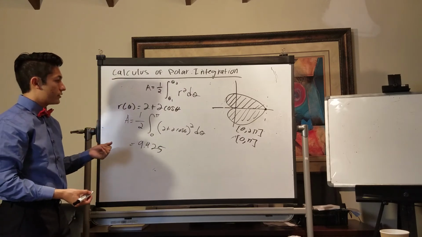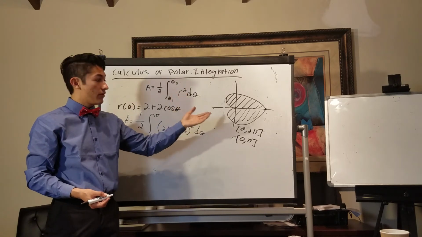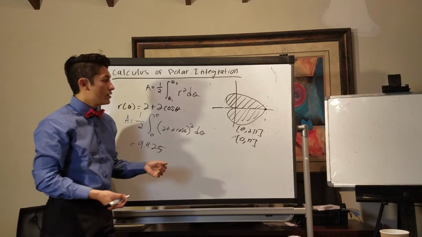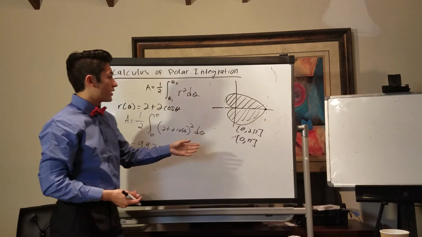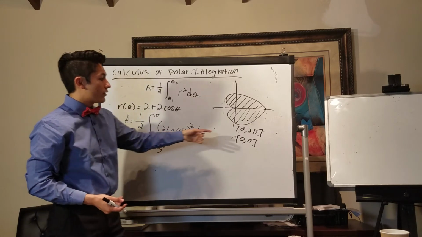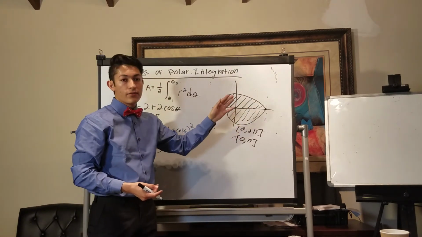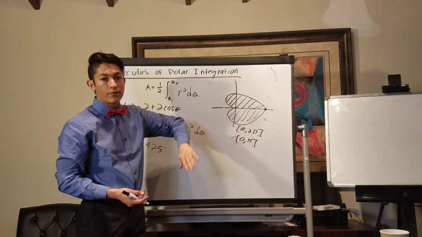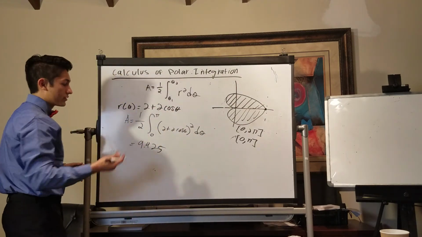But we won't have to do that because there's an easier method, and that is taking advantage of the symmetry of most polar graphs. Most polar graphs you'll see will be symmetric because when they go around to each value, each radian, it's going to be the same but reflected in the negative direction or the positive direction, depending on where you start.